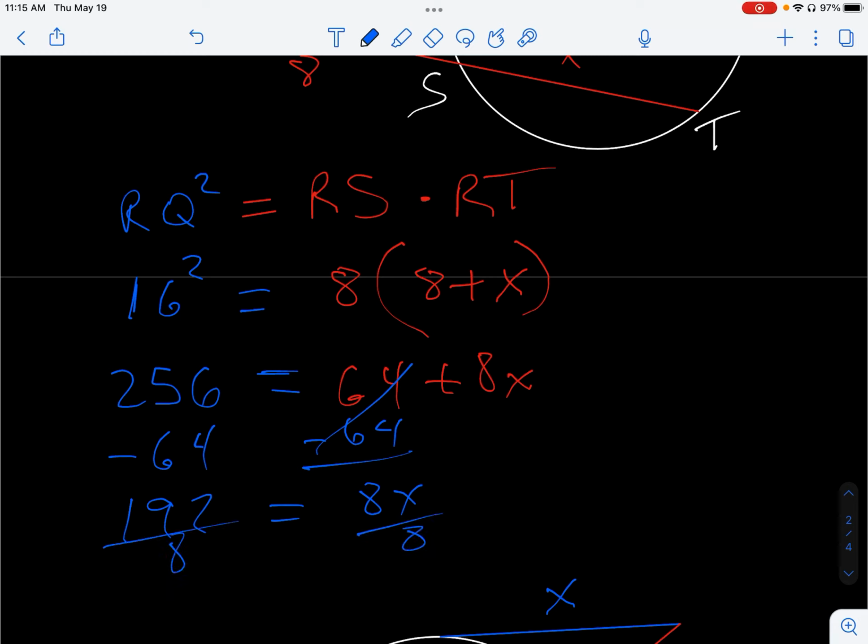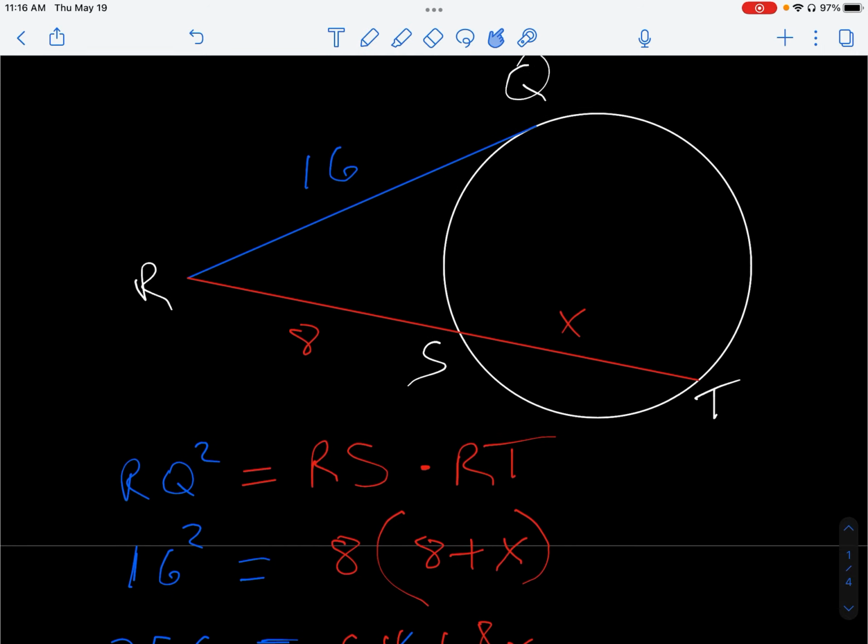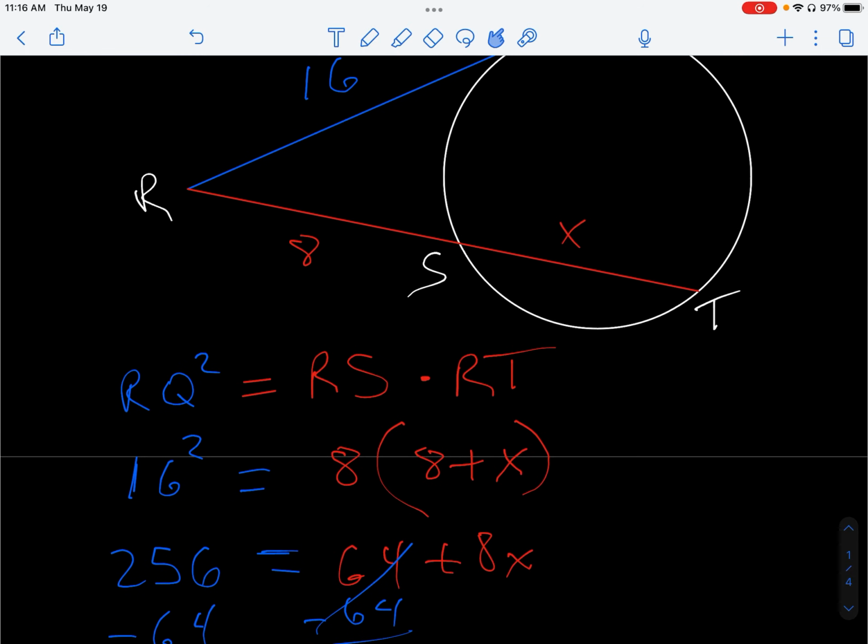Divide both sides by 8, and we are left with X equals 24. So X equals 24.